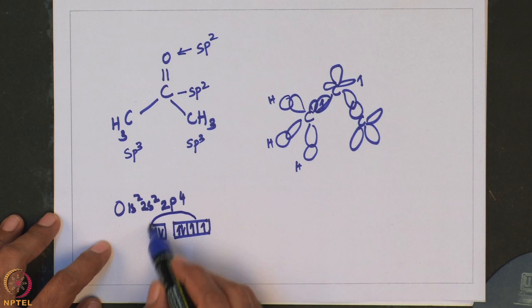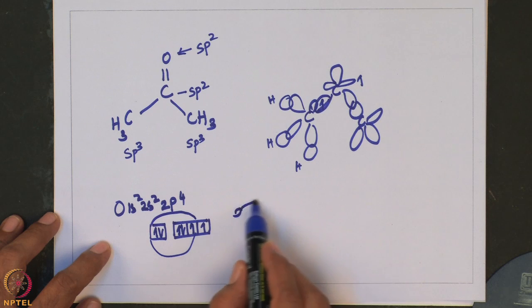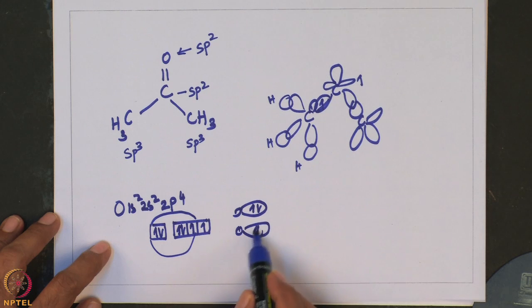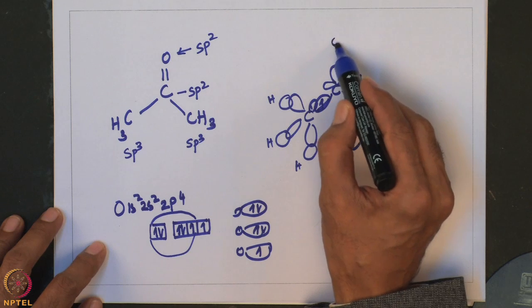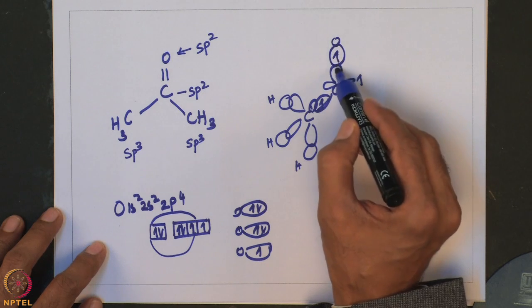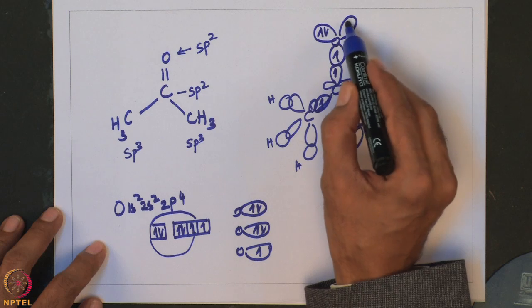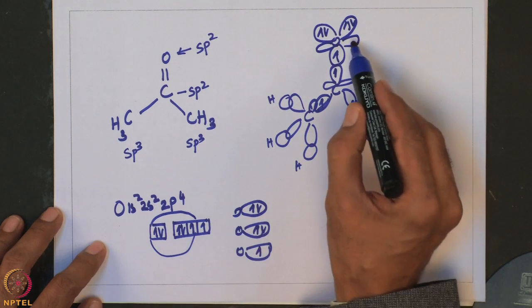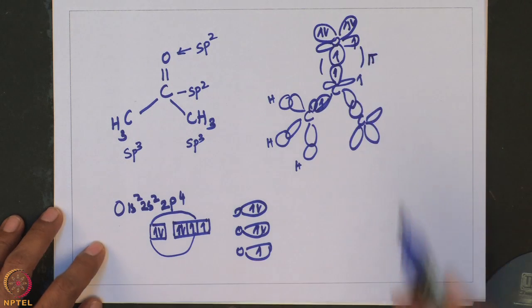So, it undergoes sp2 hybridization. When it forms 3 sp2 orbitals, you should remember 2 of them have 2 electrons and 1 has 1 electron. So, essentially in oxygen, this 1 electron here, and these are lone pairs with 2 electrons, and we have 1 p orbital with this electron here, and these two will combine together to form a pi bond.